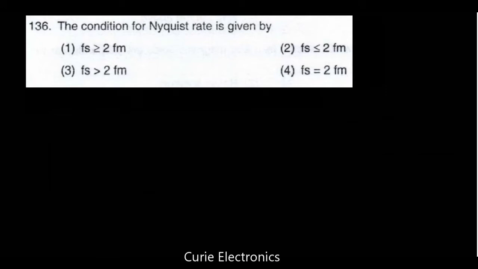Question number 136. The condition for Nyquist rate is given by, see, in the Nyquist criteria, if you want to sample, we have the signal frequency.